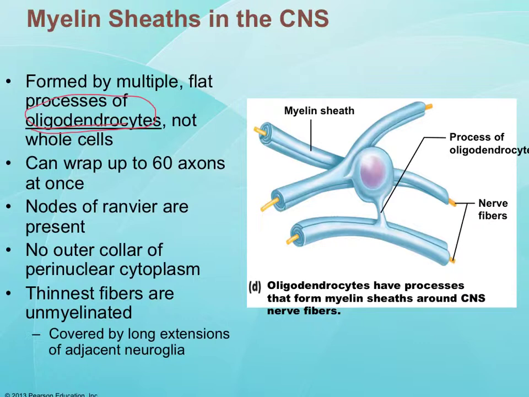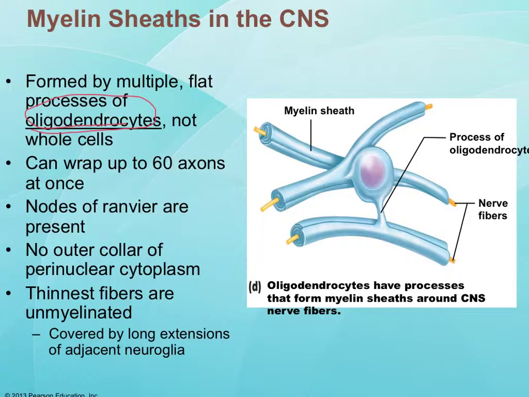So the cell body is in the middle, and it doesn't really have the collar part as a Schwann cell has. Okay, so one oligodendrocyte can wrap up to like 60 axons at once. However, one Schwann cell just wraps up one axon.